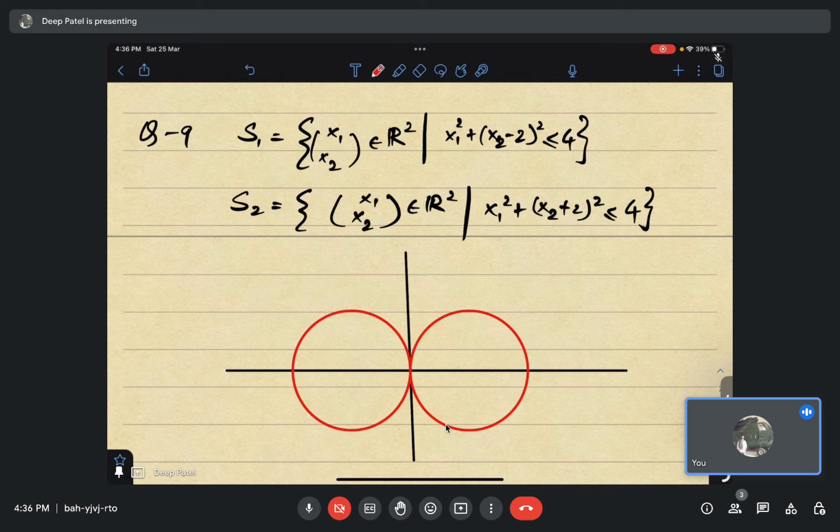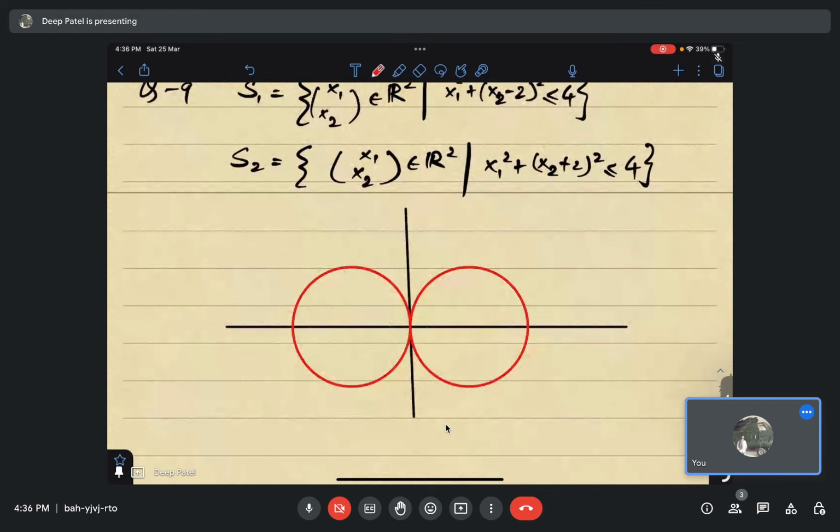So we have the figure 8. This is the same example we discussed.